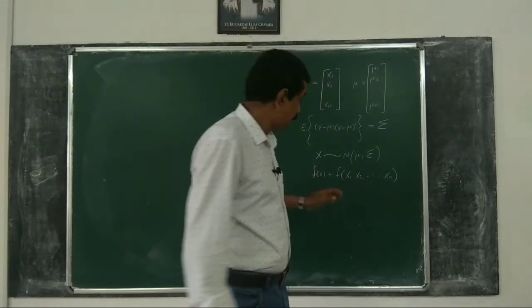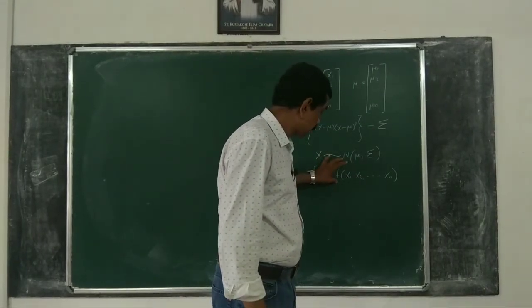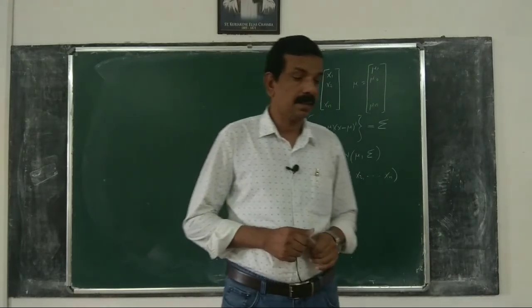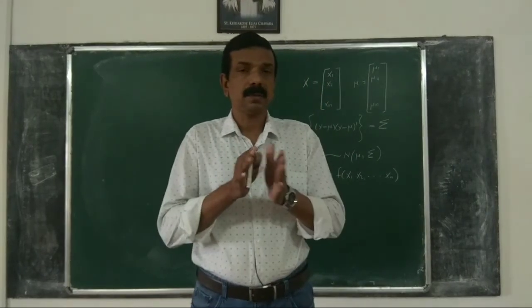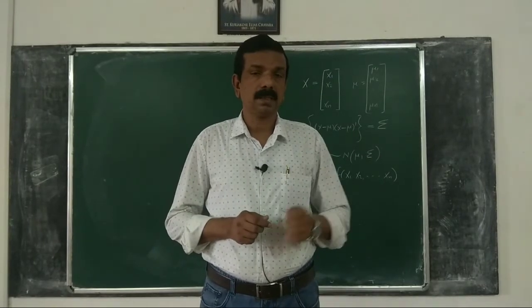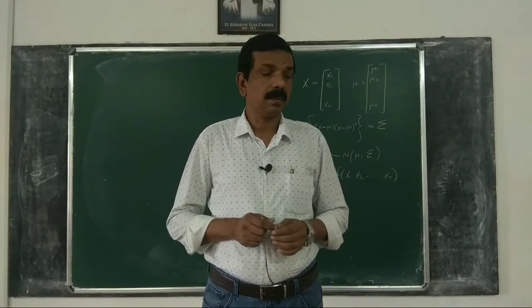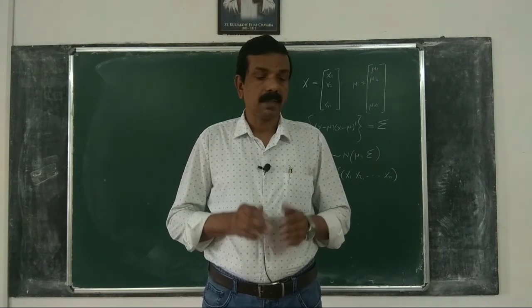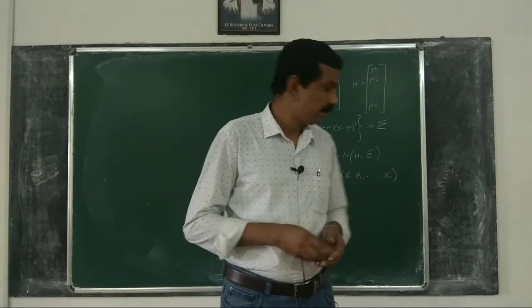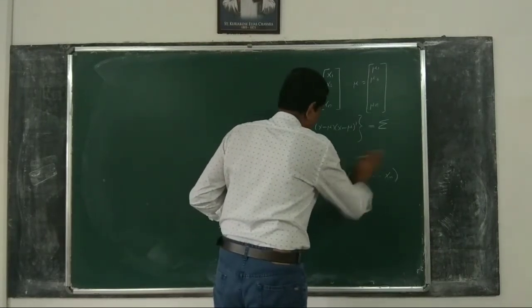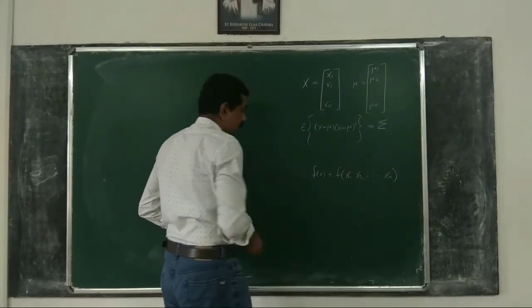This multivariate PDF is written as f of x is equal to f of x1, x2, etc., xn. And the most important multivariate PDF is the multivariate normal PDF.